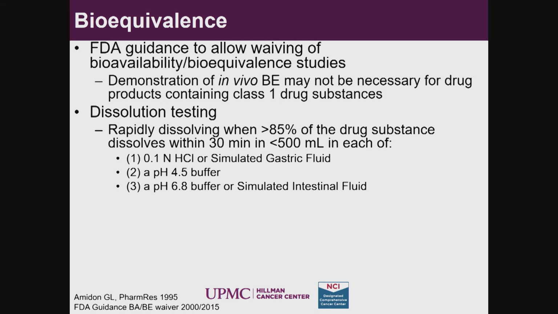And in that case, formulations can be tested against each other with the dissolution testing, where a compound passes the test if it rapidly dissolves for more than 85% within 30 minutes in less than 500 mL of each of these media. And so then you don't have to do a real in vivo human study.